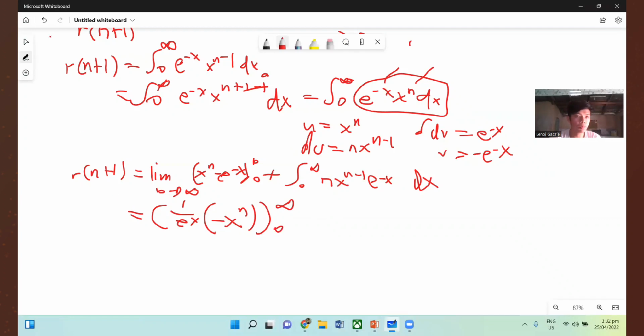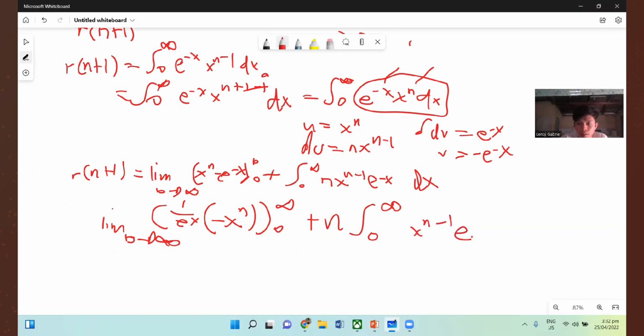So dito meron pa limit of b going to infinity, plus ilalabas natin yung n, so the integral from 0 to infinity of x raised to n minus 1 e raised to negative x dx.